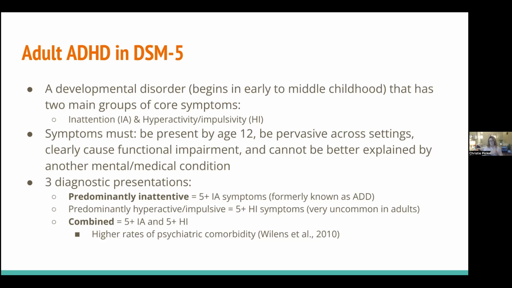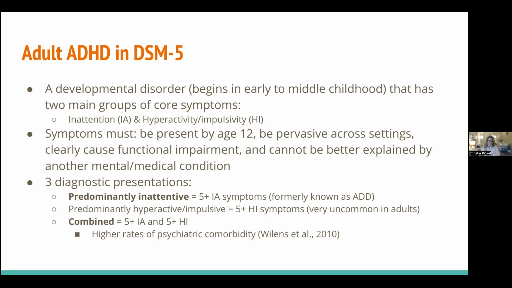Number 1, there's the predominantly inattentive presentation, where somebody has 5 or more inattentive symptoms and 4 or fewer hyperactive-impulsive symptoms. When you hear people refer to it as ADD, this is what they're talking about, right? That daydreamy, mind-wandering, inattentive-only kind of presentation.